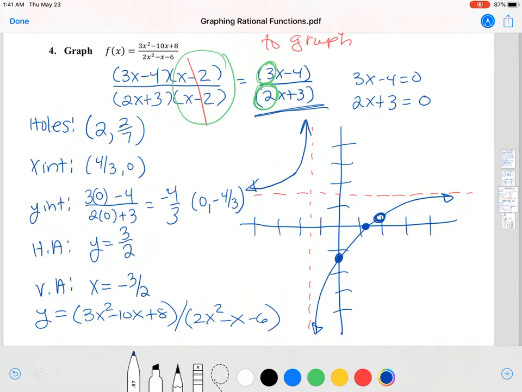What you can do is you can actually just plug it into your table, or you can use the calculate feature on your graph, and you can actually plug in 2, and if it comes up blank or undefined, you'll know that you've got it right, because even though it doesn't show it on the picture, the calculator will show you that there's nothing there. It's undefined. So keep that in mind when you're looking at a graph and you've got a hole, that your calculator is not capable of showing you that on the actual picture.